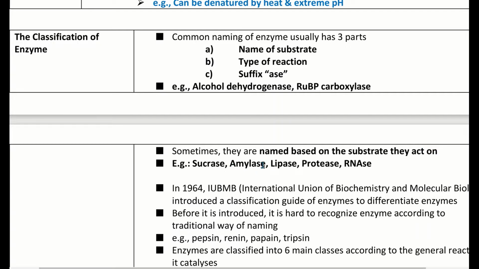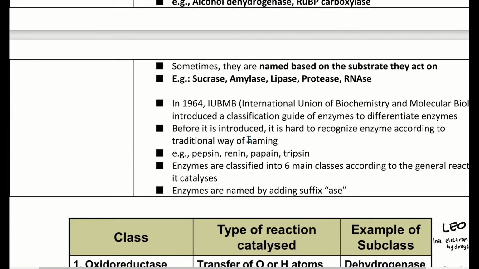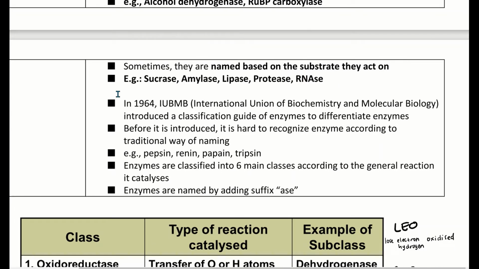So amylase act on apa? Ni belajar amylose kan? So nama enzyme dia amylase. Okay, so lipase, protease, RNase. Maksudnya enzyme ni dia act on RNA. Okay, so pada tahun 1964 penamaan yang menggunakan traditional way. Okay, dia guna cara tradisional untuk menamakan enzim.